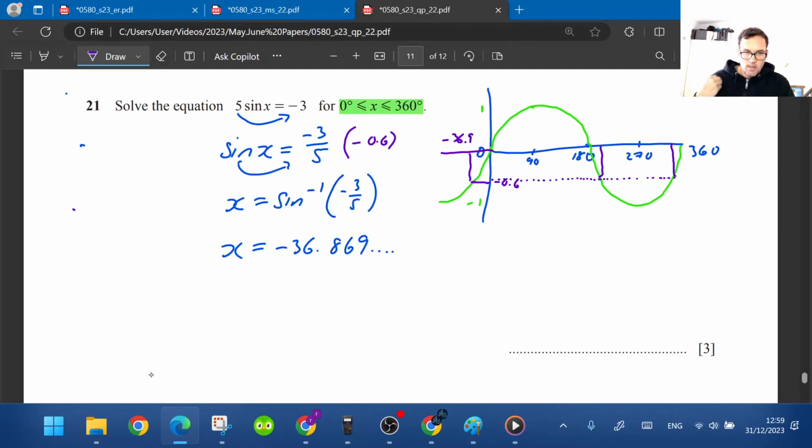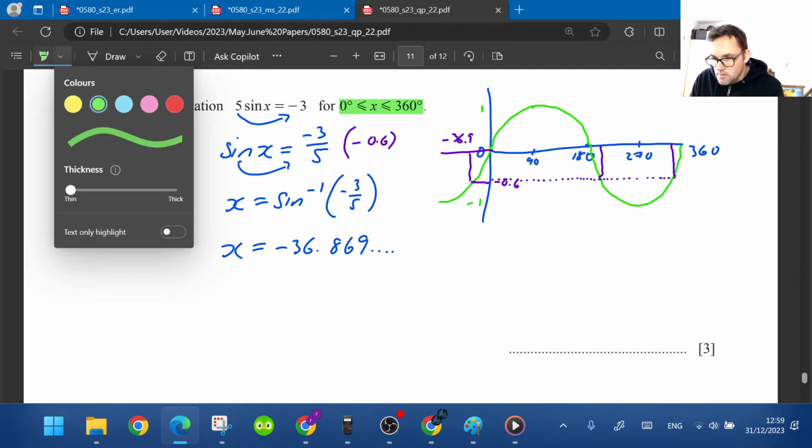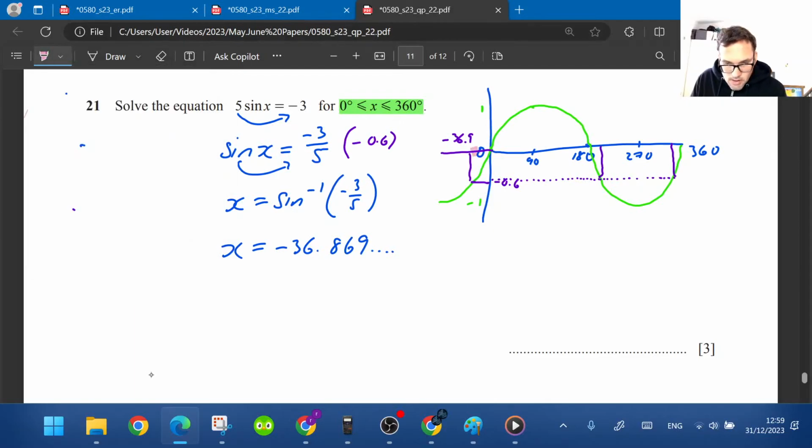The thing about the sin graph, it's all symmetrical. So if this distance here is 36.9, roughly, then this distance here, which I haven't drawn really nicely, is 36.9.